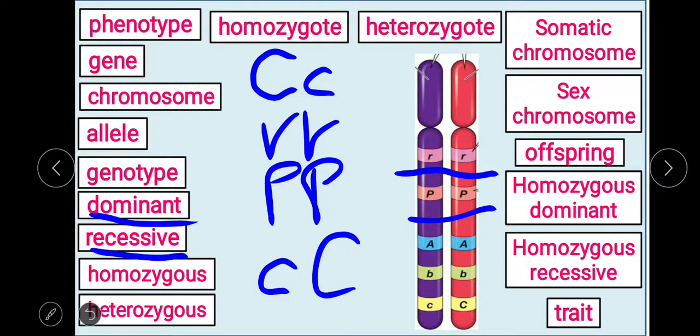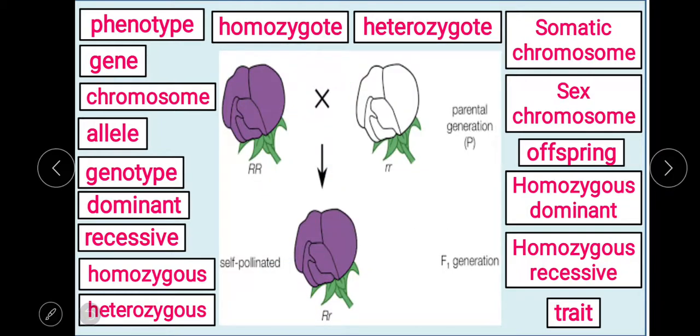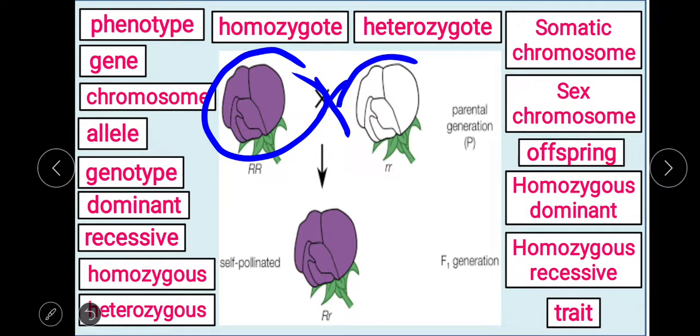Why? Because a while ago, we learned that these are the two alleles. Allele 1, allele 2. Then, there is a recessive allele and there is also a dominant allele. Now, in this picture, I am going to show you what the dominant and the recessive alleles are. Here, the violet flower is being crossed with a white flower.